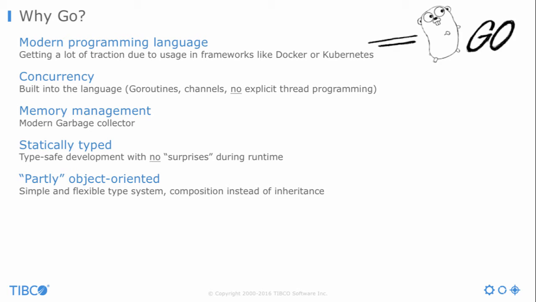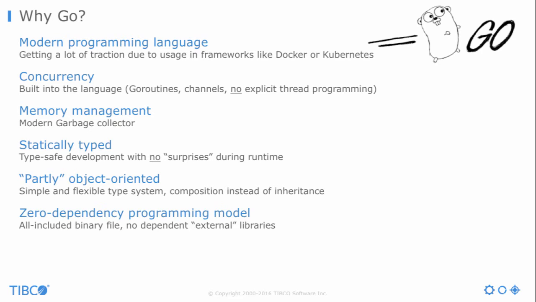But it's still partly object-oriented, so it's not all the features of object-oriented languages like Java or C#, like inheritance and so on. It has a very simple and flexible type system and uses composition instead of inheritance. So you still have some kind of instances and objects, but you do not have the complex things like inheritance in Golang.